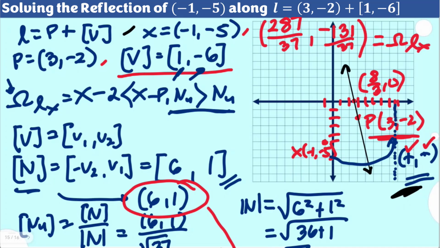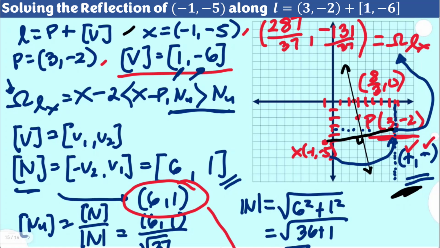As for negative 131 divided by 37, it's actually negative 3.54. So we have here negative 1, 2, 3, middle somewhere here. So connecting them, this is our location. And as you can see from point X and that point, they are actually forming a perpendicular line there.